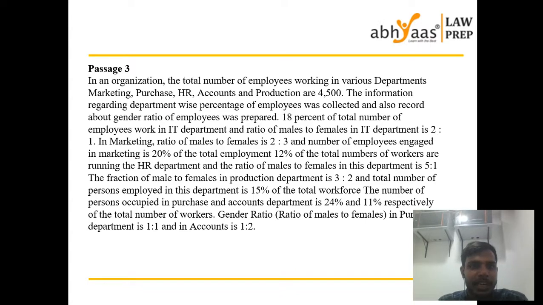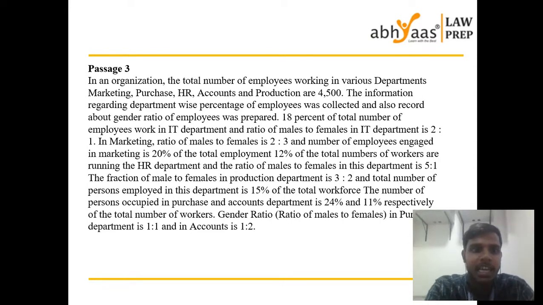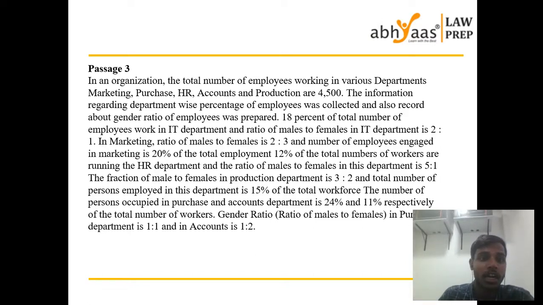Passage 3 is about an organization in which the total number of employees working in various departments, marketing, purchase, HR, accounts, and production, is 4,500. The information regarding department-wise percentage of employees was collected, and also a record of the gender ratio of employees.